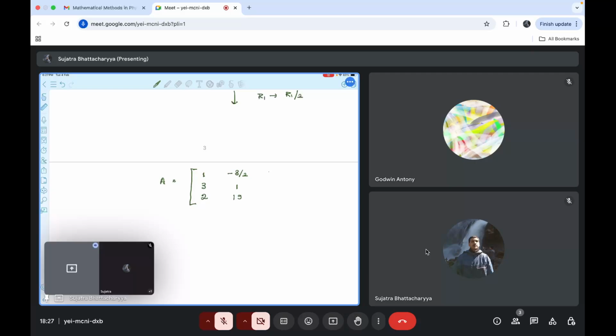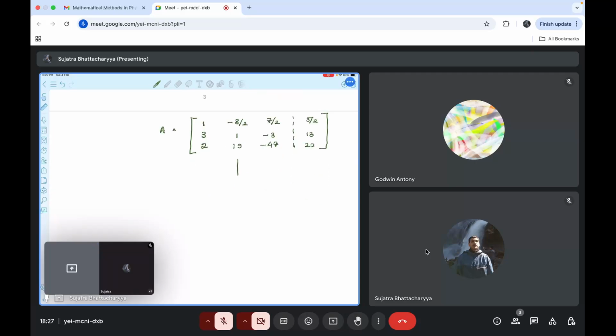Okay, this is 7 by 2. This is minus 3. This is minus 47. And you can just separate it with a line: 5 by 2, 13, and 22. This is the augmented matrix after the first step of the row reduction technique. The next step is the same: R2 minus 3R1, because you have to make these zeros. And R3 as R3 minus 2R1.